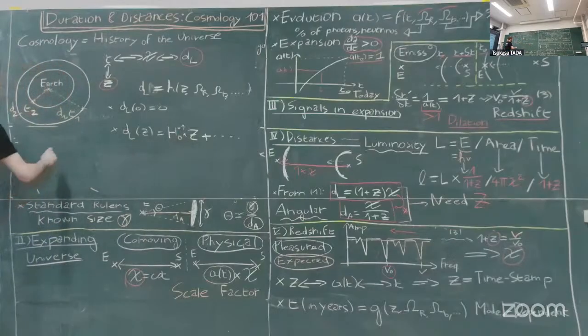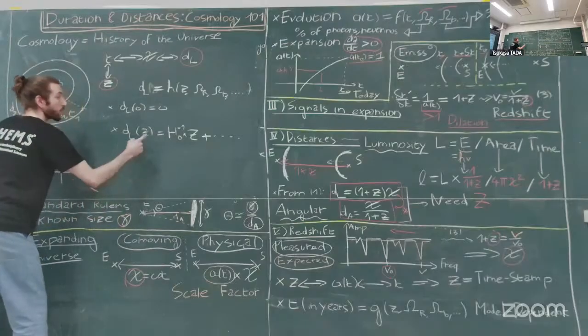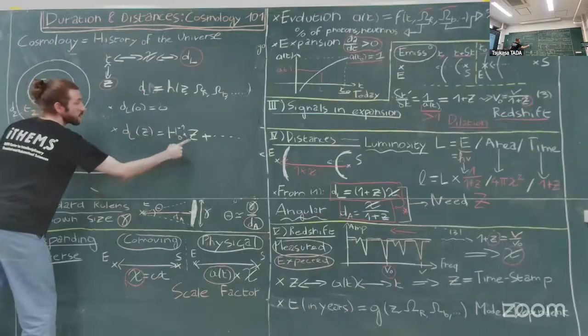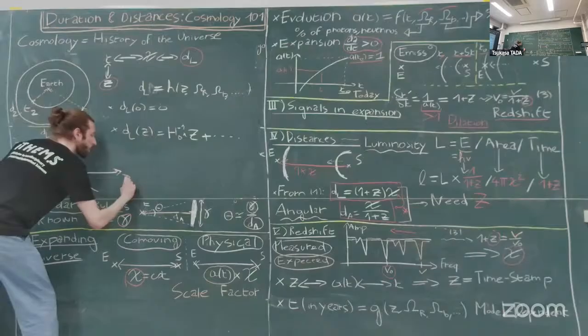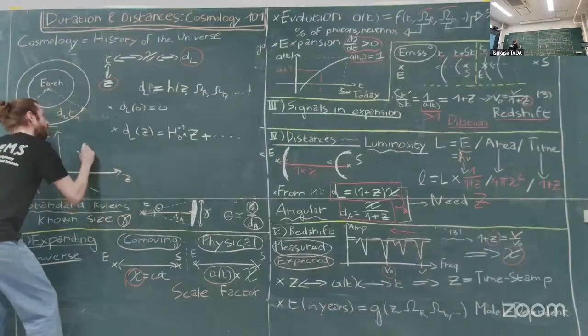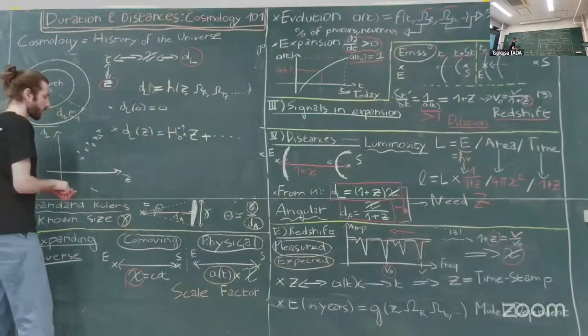So what you can do is measure many sources and plot their luminosity distance as a function of their redshift. And if you do so, you will hope to find a linear relation.